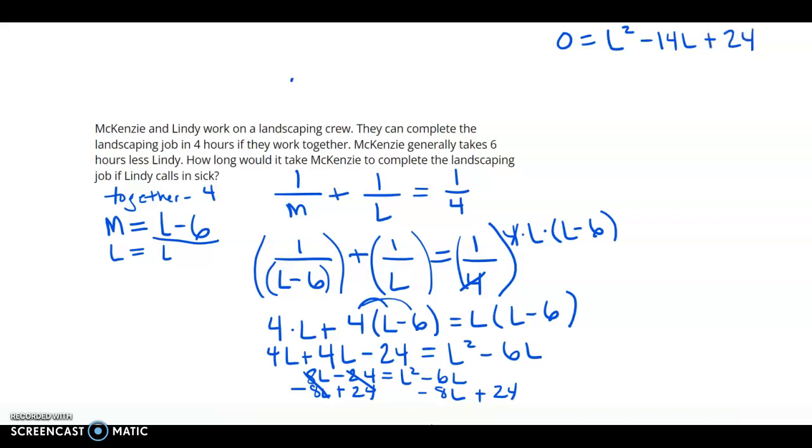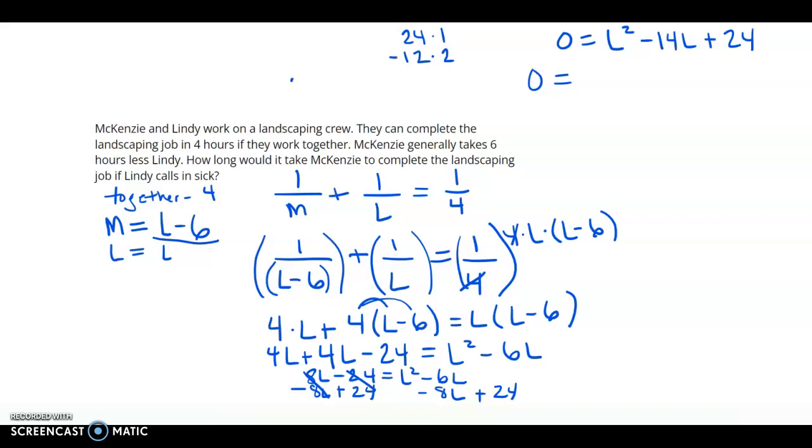So now we're going to factor this. We're looking for factors of 24 that add up to negative 14. 24 and 1 will not work. 12 and 2, will that work? They multiply to a positive 24, which means they both have to be negative.